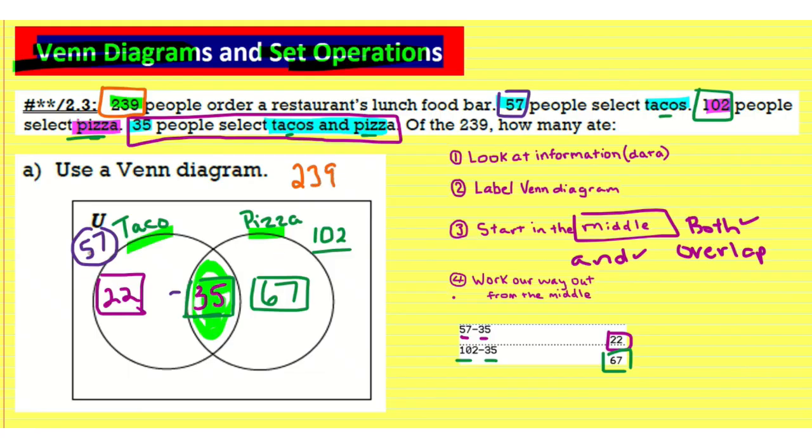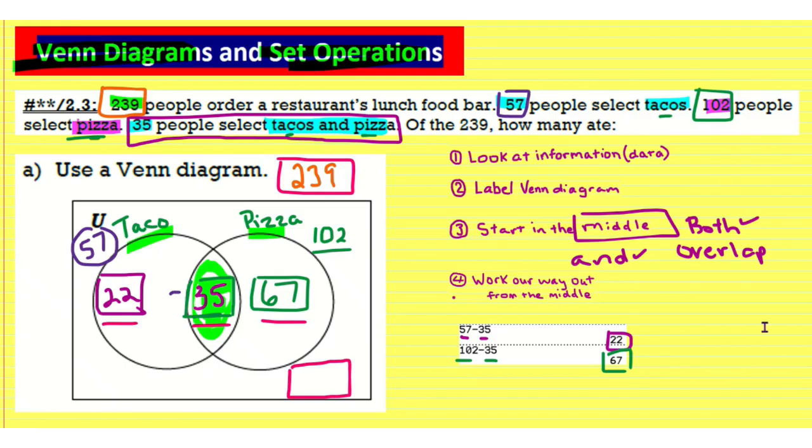But the same way that we had to take the 57 and subtract off the 35 in order to get this actual number, we are going to need to take the 239 and we're going to have to subtract the 22 that's in the Venn diagram, subtract the 35, and subtract the 67, and that will tell us how many people are outside of the taco and pizza categories.